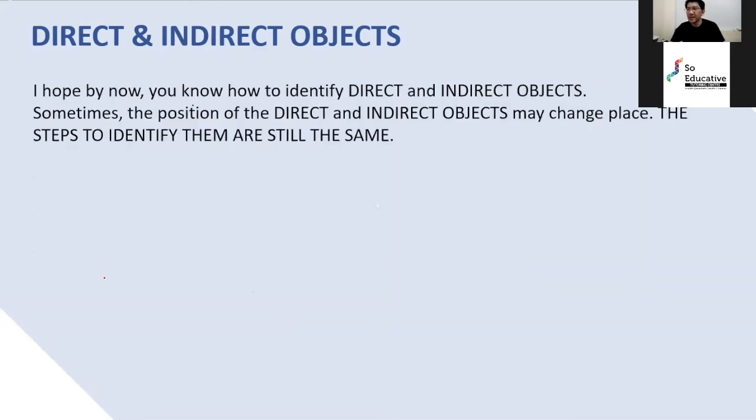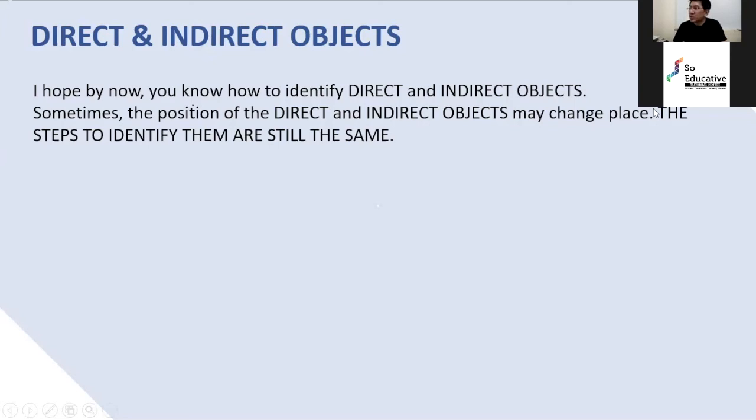Now, I hope you are feeling confident now in finding the direct and indirect objects. But sometimes they can switch the positions of direct and indirect objects. So that's the tricky part.